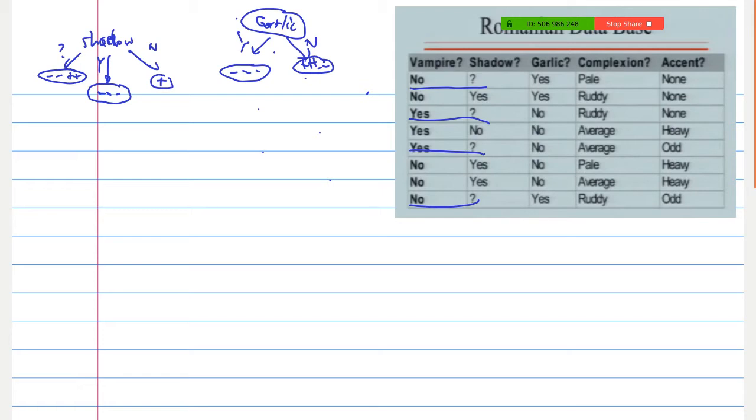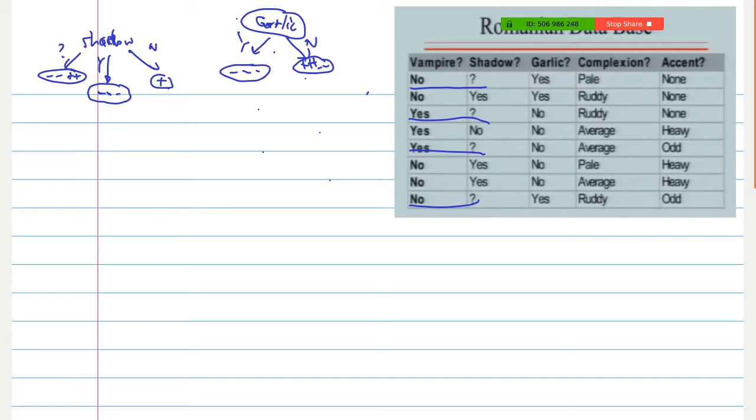For example, we look at the shadow characteristic, and based on that we decide whether it's likely to be a vampire or not. After the test, maybe there are some cases we cannot determine, then we go for another test and another test and so on.